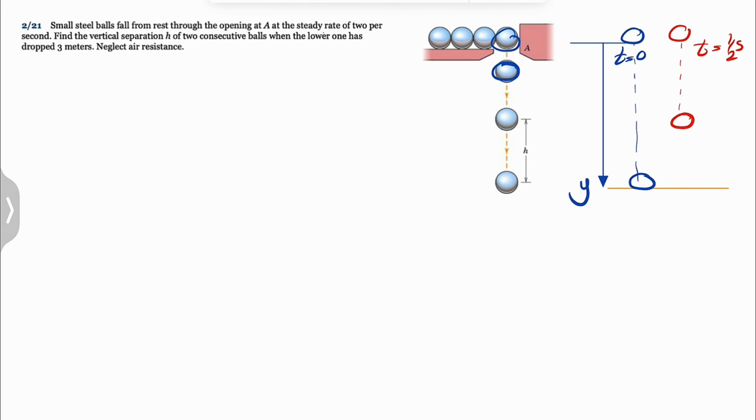So that's the first thing we get from the steady rate of 2 per second: for each second, 2 balls will fall. And we need to find the vertical separation of 2 consecutive balls.